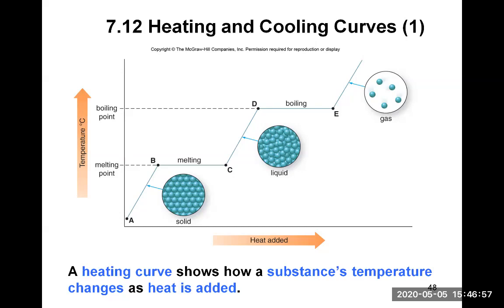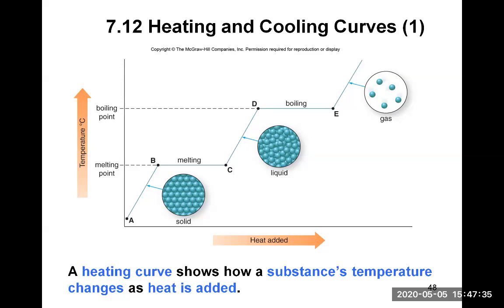And so from point A to point B, you start with the solid. If you add heat to the solid, you will increase its temperature from A to B. That's going to be just warming up the solid. From B, when you reach the melting point for the solid and the solid starts to melt, all the heat that is added will be used to break down the attractions between the molecules and change that into a liquid phase.